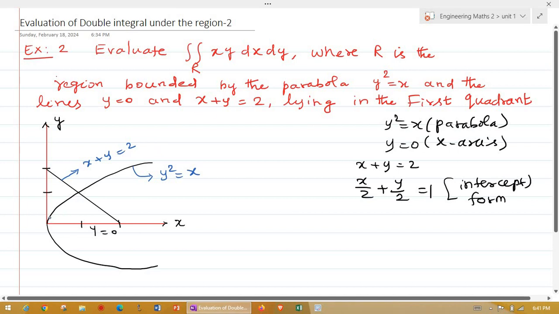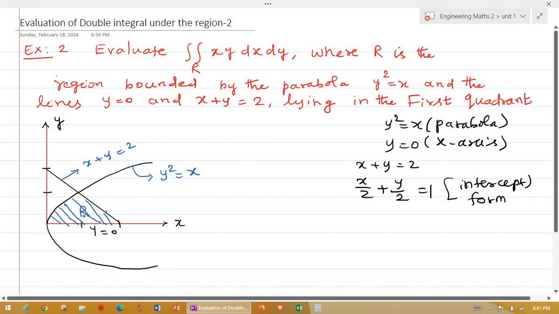So this is the region which covers the straight line and the parabola lying in the first quadrant. This is the region R.